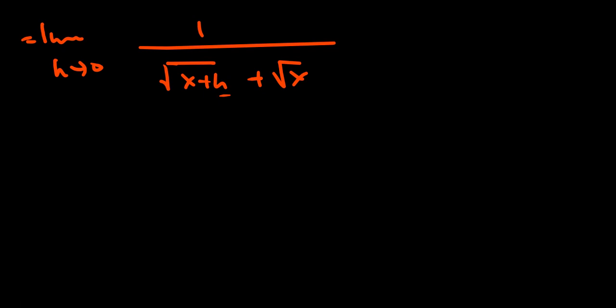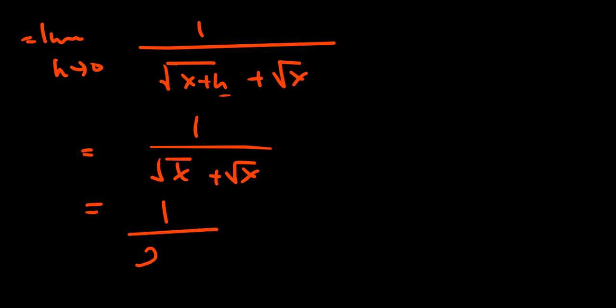Then what I have is 1 over root of x plus root of x, and this is just going to be equal to 1 over 2 root x, like this. So this is my final answer.